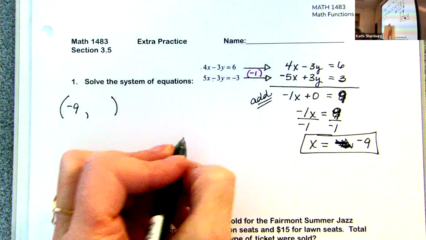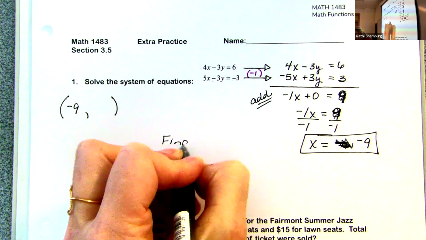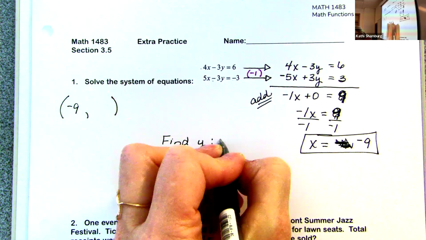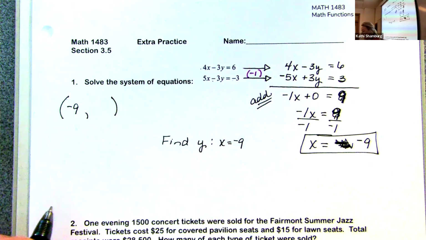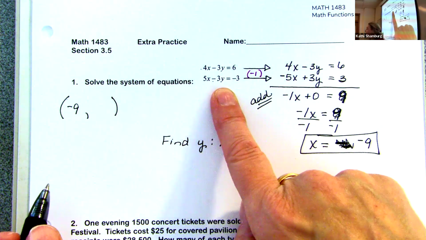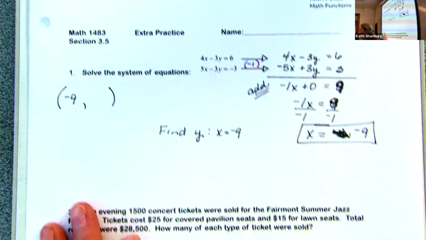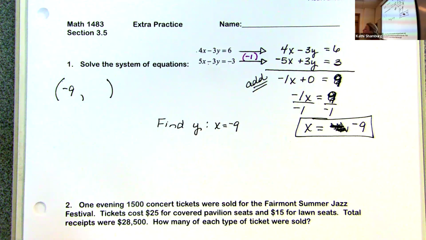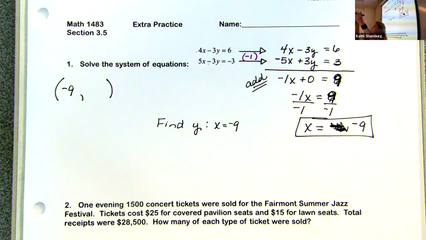So now we need to find y when x is equal to -9. So choose one of them. It doesn't matter which one. Do you have a preference? First or second one? Oh, I heard somebody say second. I heard second first, so I'll go with that one.